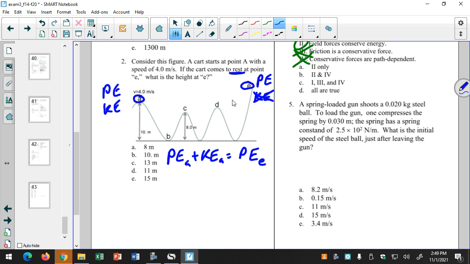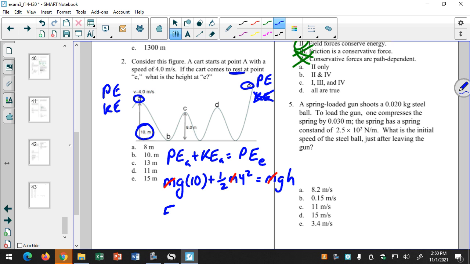Anyway, so this is mg. I like to just go ahead and write in the heights here because I don't have to use the subscripts then. mg times 10. That's this 10 right here, not the g of 10. Plus 1/2 m times 4 squared is equal to mg times h. Even if I'm given the mass, I don't write it in because I know on these questions my mass is just going to cancel out.